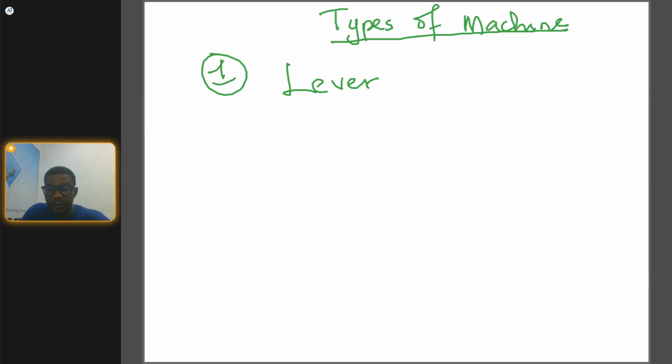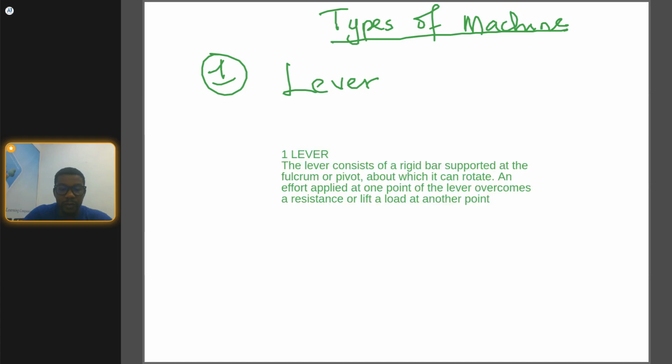We want to have the definition. Okay, the definition of a lever.